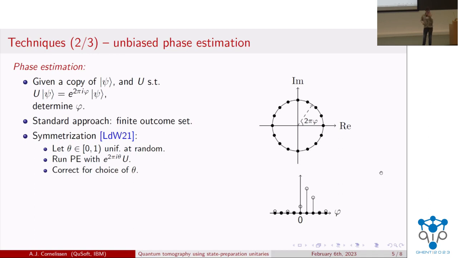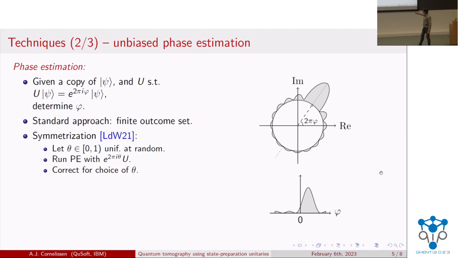But this rotation can be any rotation whatsoever. So now your output set is not discrete anymore, but you get a nice continuous probability distribution, and it's symmetric around the phase that you want to compute. So you can already see that you get something unbiased if you interpret the output to be on the circle.